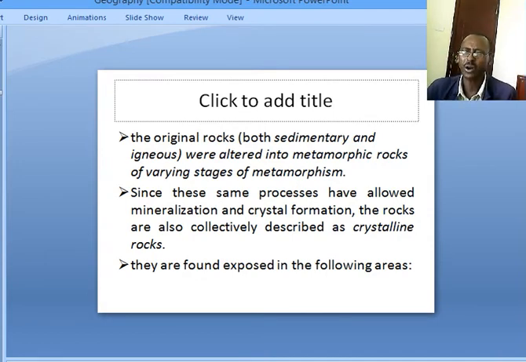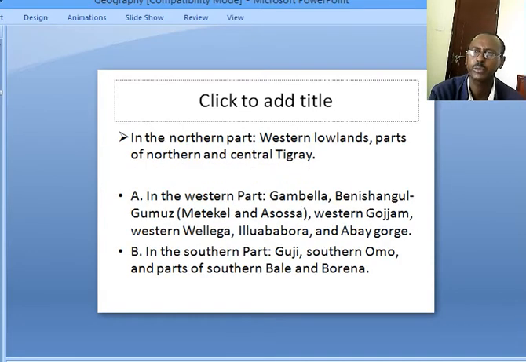They are found exposed in the following areas in Ethiopia. One is the northern part: the western lowland parts of northern and central Tigray. In the western part: Gambella, Benishangul-Gumuz, Metekel area, Assosa, western Gojam, western Wollega, Ilubabor, and the Abay Gorge area.